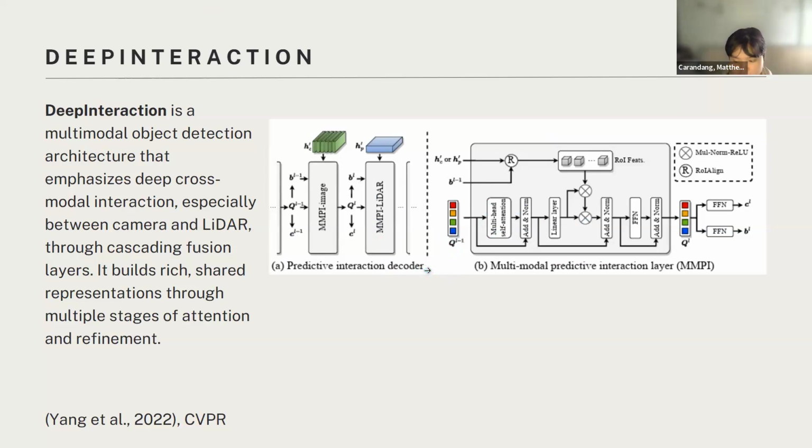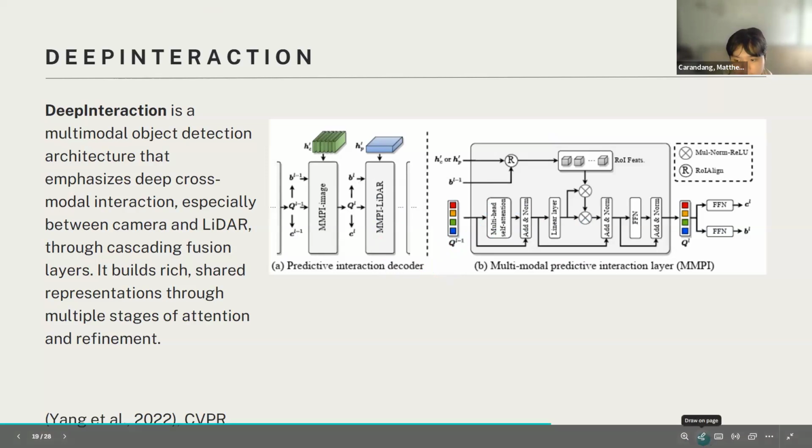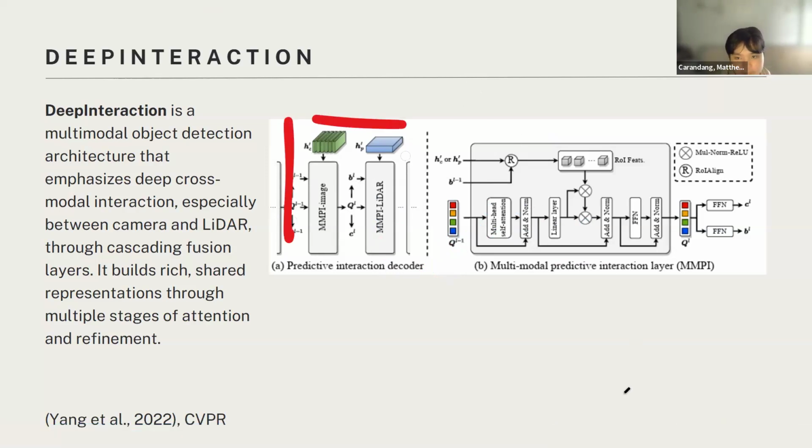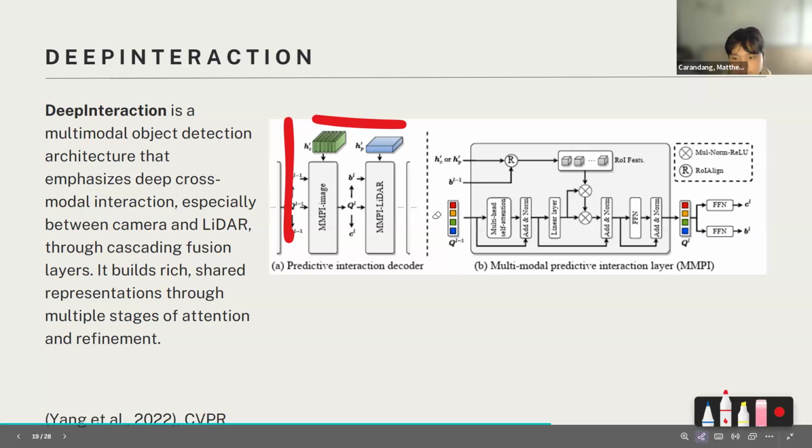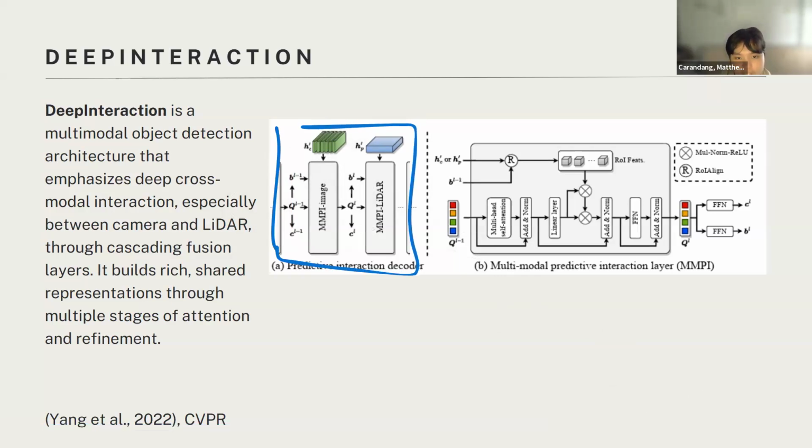So as we can see here in A, both the image and LiDAR pipelines are exchanging information, and it helps them to refine their predictions by exchanging information frequently.